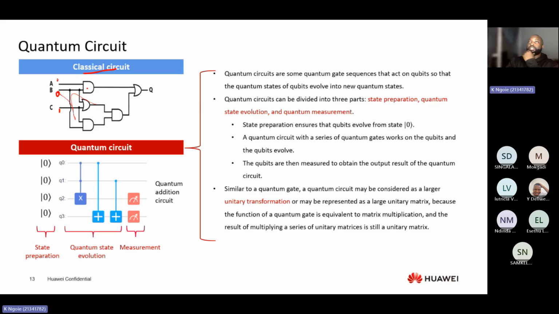Let's see. What will be the output here, guys?